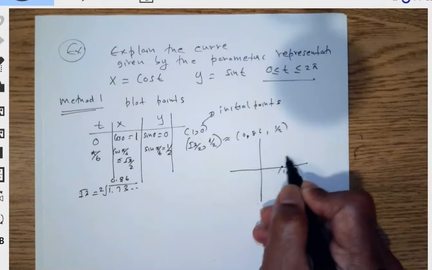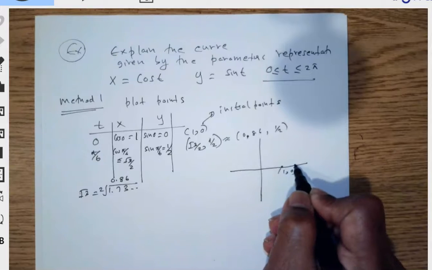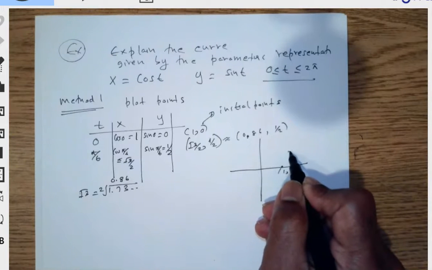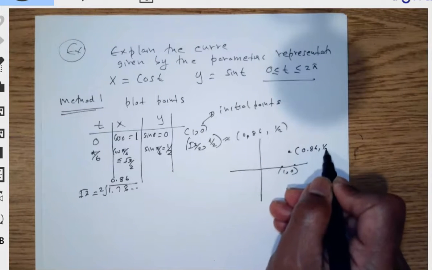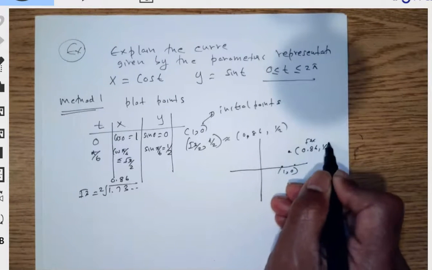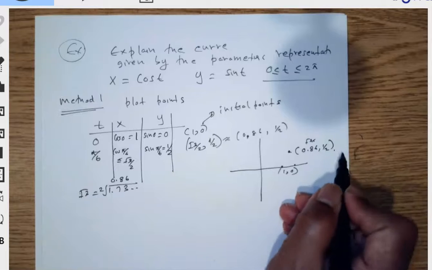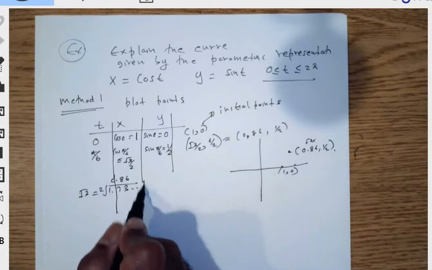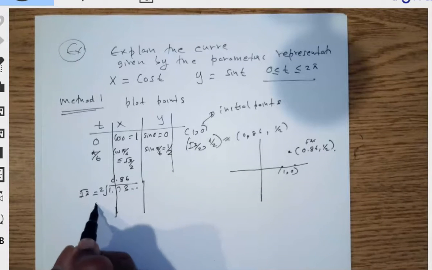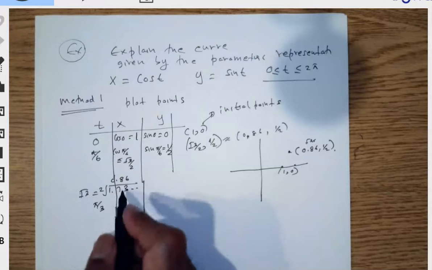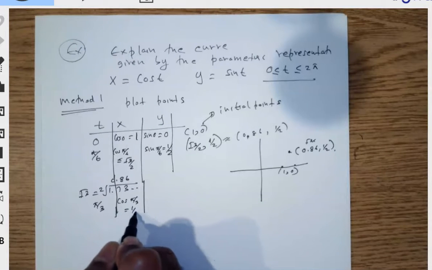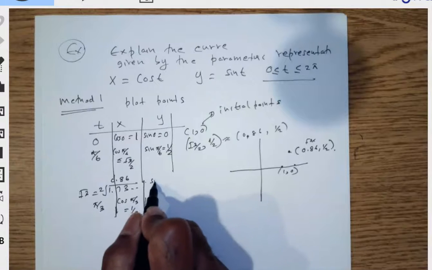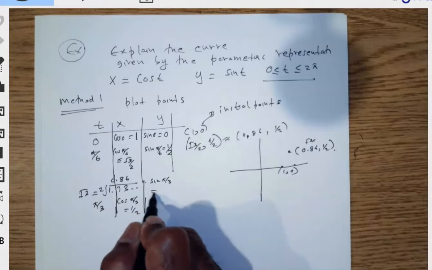So this is t equals pi over 6, and we get something like this, square root 3 over 2. And then let's try pi over 3. The next one, you can try pi over 4 also. Cosine pi over 3 will be 1/2, and sine pi over 3 is square root 3 over 2.